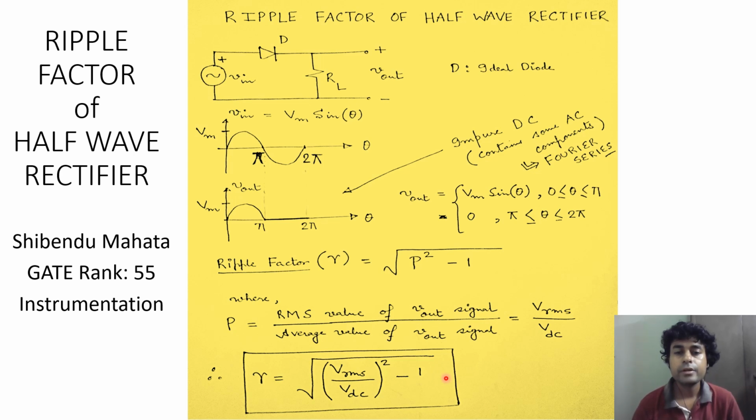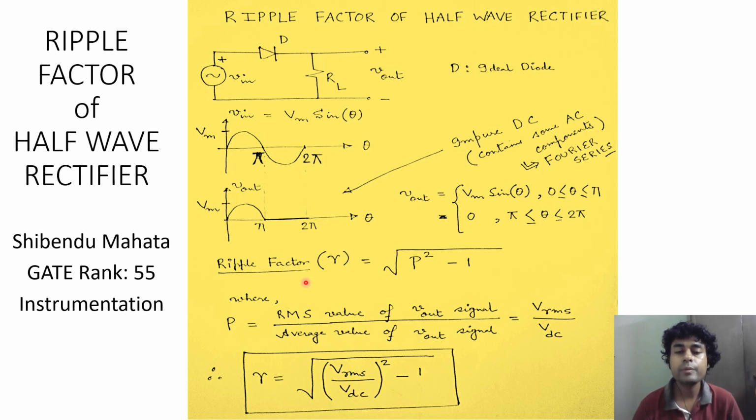Now note that the basic idea is that over and above this DC signal, the AC components are present. So the AC components are what the ripple is. Ripple means some sort of a wavy surface or something like that. So your DC signal is impure, and that is represented by this ripple factor value.